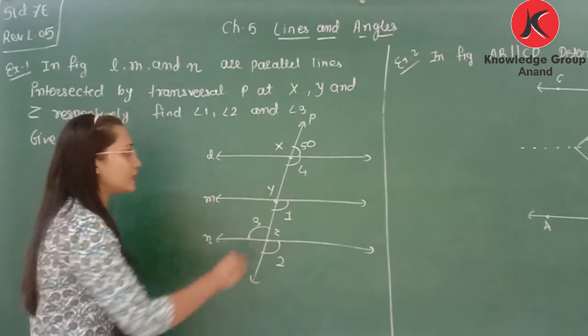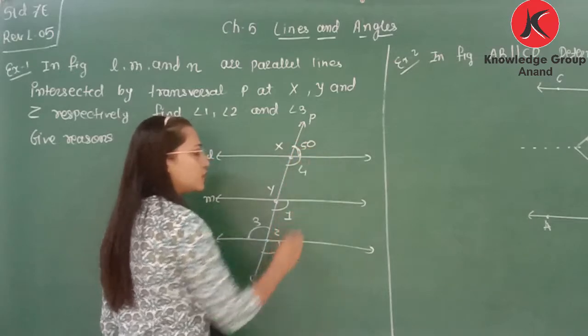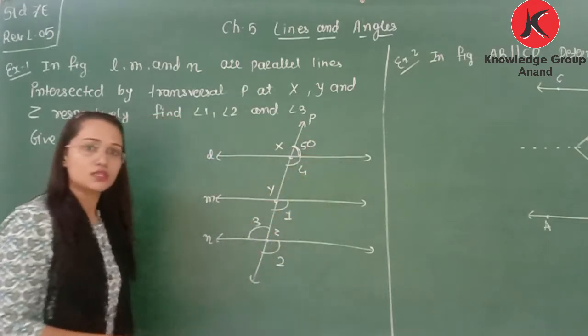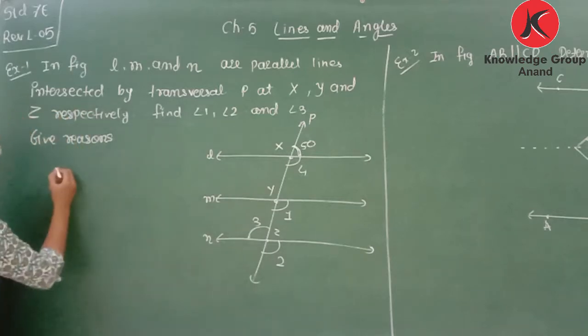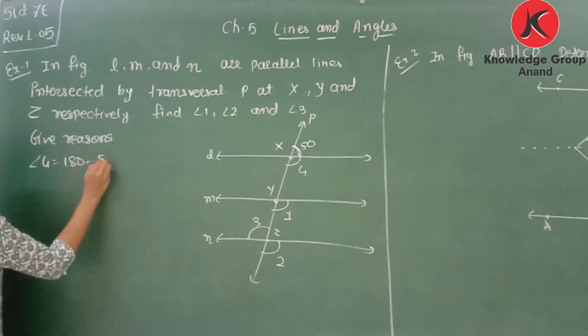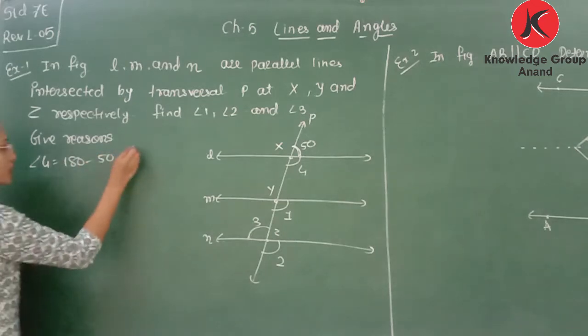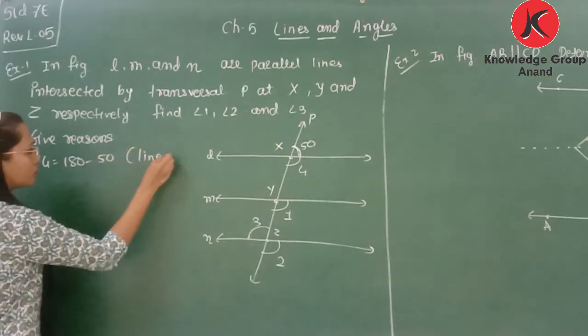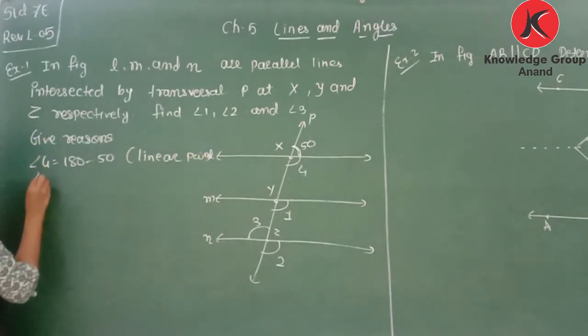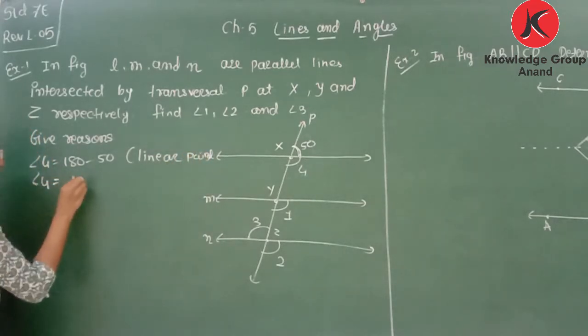In the figure, this angle is 50 degrees, given, and we need to find angles 1, 2 and 3. Okay, so let's start. Here this angle is 50. So we can find angle 4 because this is a straight line with a linear pair. So we can write angle 4 is equal to 180 minus 50. Reason: linear pair. So angle 4 is 130, equal to angle 1.